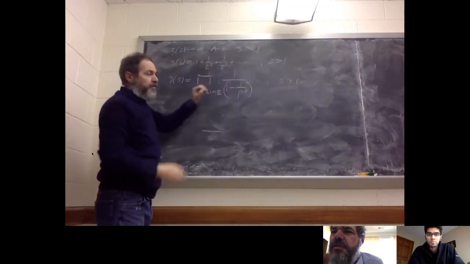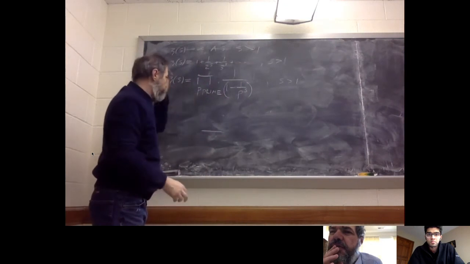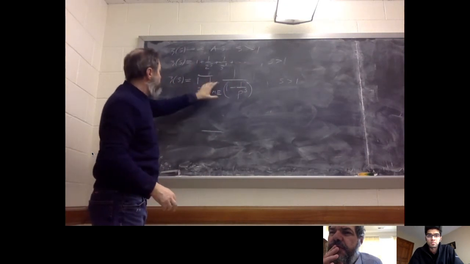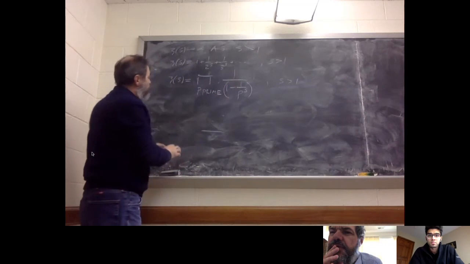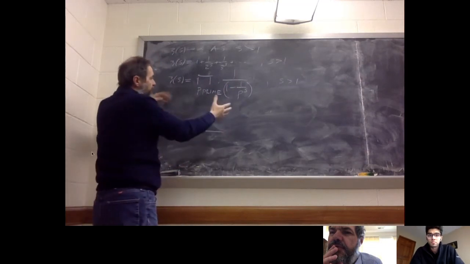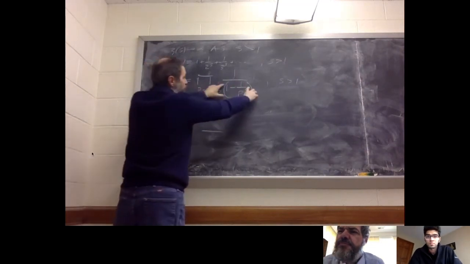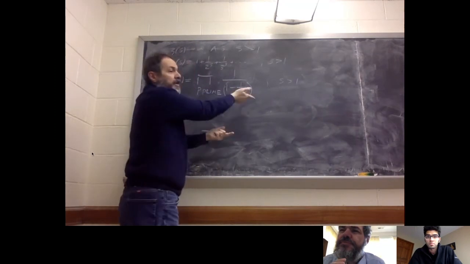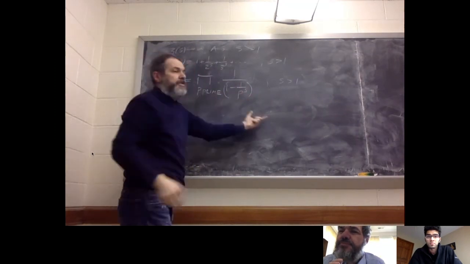This is an infinite product, but the product converges. That's exactly zeta. Why? Because if you recall what we had before I erased, it was zeta multiplied by all these numbers, and there was 1. So zeta itself is 1 over this.